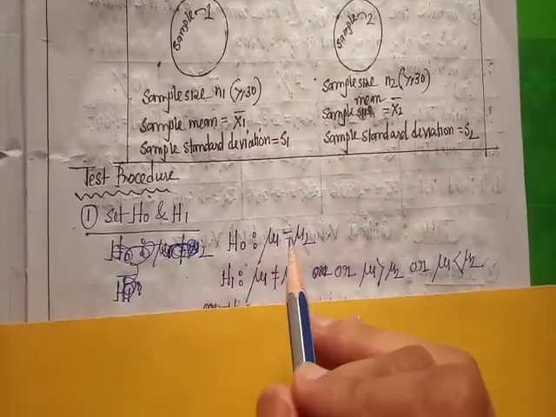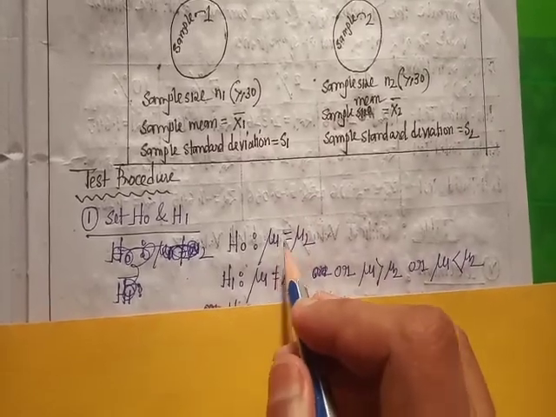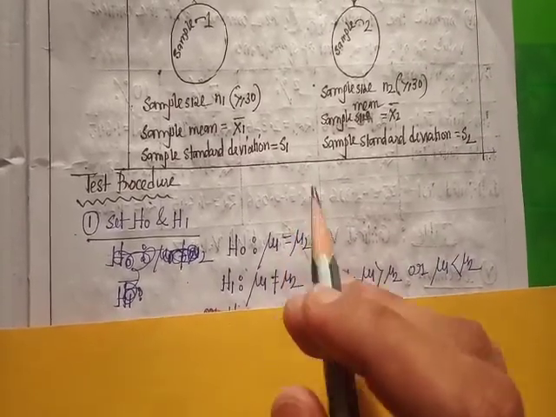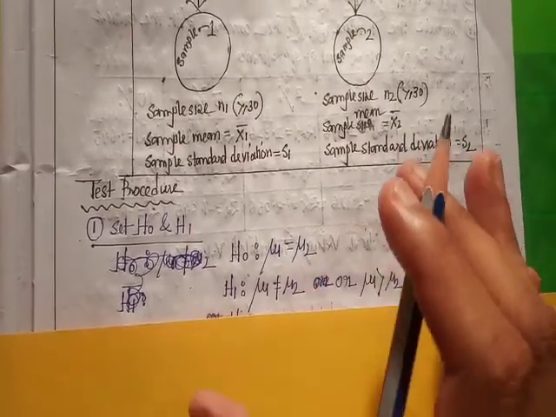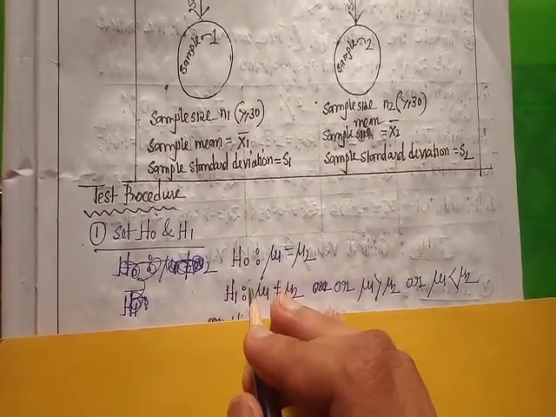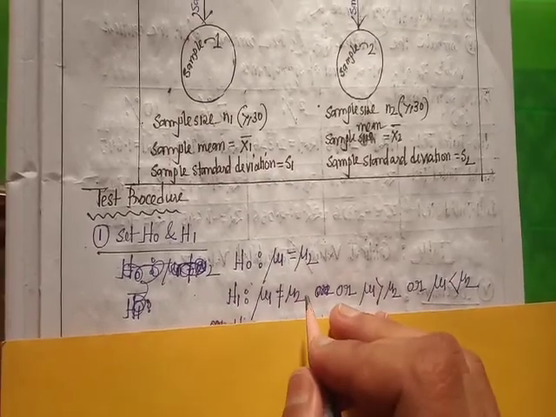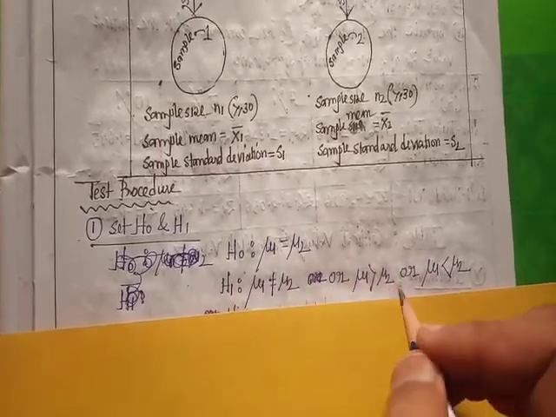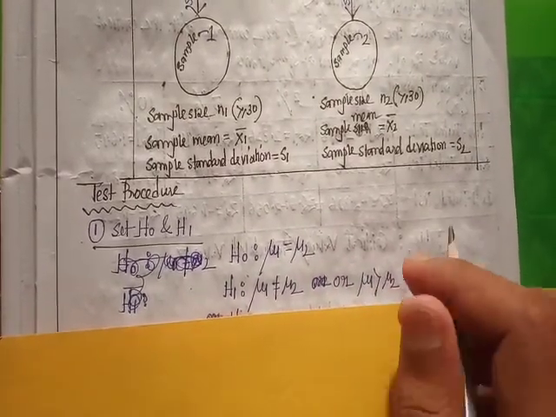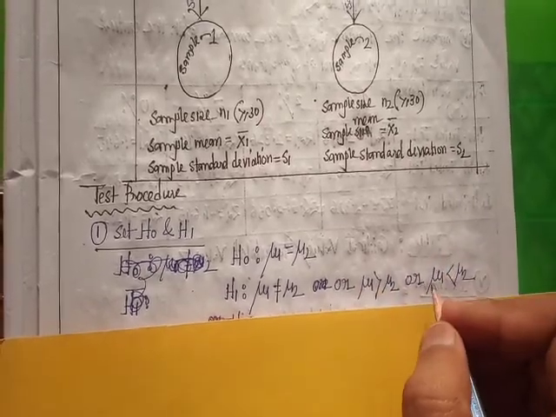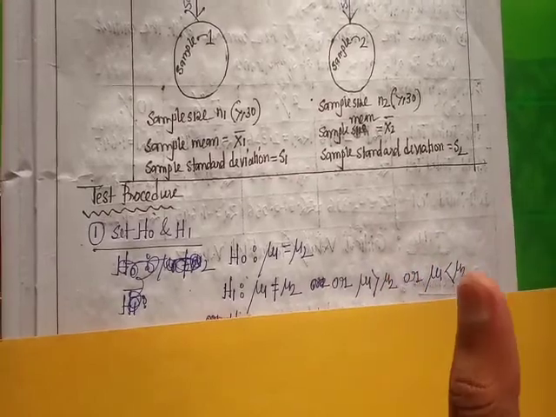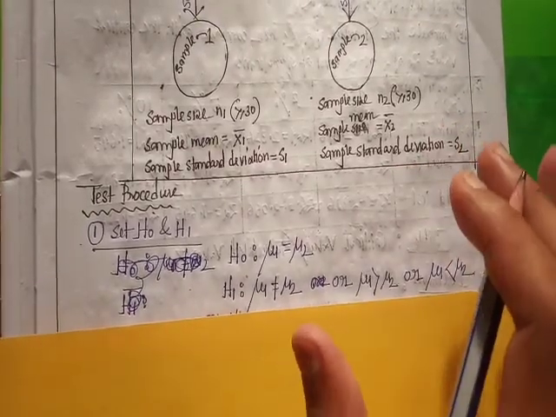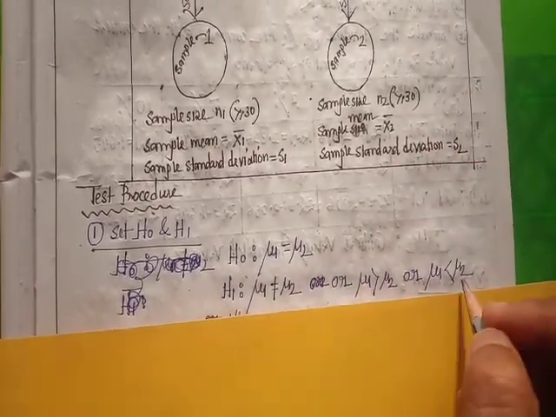Null hypothesis: mu1 equal to mu2, where mu1 is the mean of population 1 and mu2 is the mean of population 2. Alternative hypothesis: mu1 not equal to mu2 for a two-tail test, mu1 greater than mu2 for a right tail test, or mu1 less than mu2 for a left tail test. Clear?